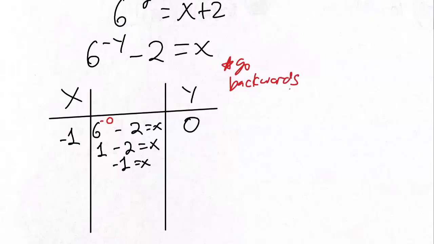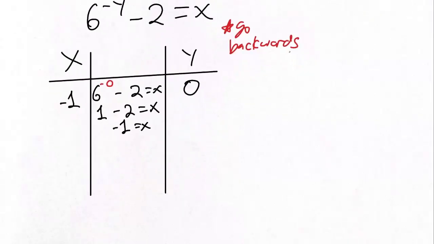And then I always say you always want to put one coordinate on the left-hand side and the right-hand side of your intercept. So if I have (-1, 0), I should plug in negative 1 and positive 1. Okay, so I'll do negative 1 first. So 6 to the power of negative (-1) minus 2 equals x.